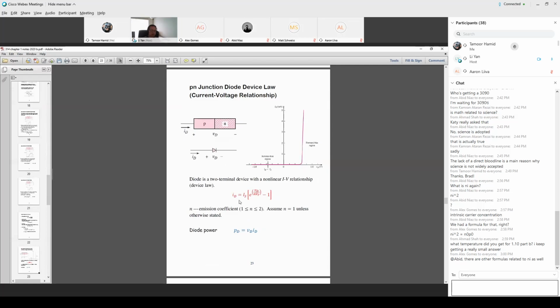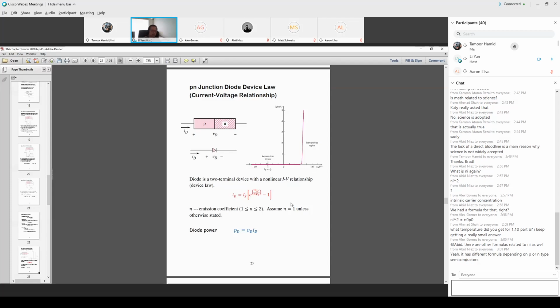In this red version there is a small modification: a small n is put on the exponent in the denominator. This is named the emission coefficient. What we previously derived is a somewhat crude derivation, but a more rigorous derivation is material dependent, and depends on how good the fabrication process is.